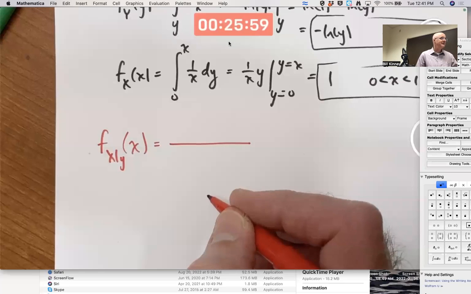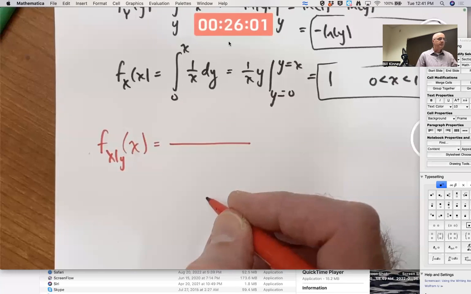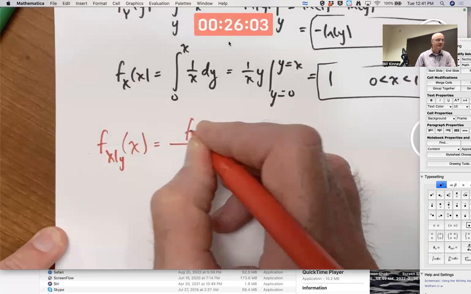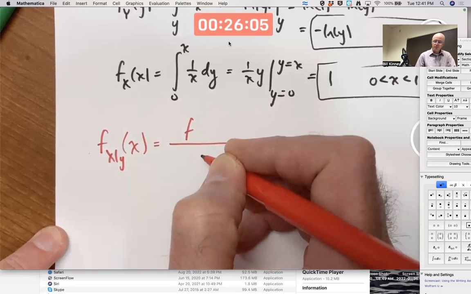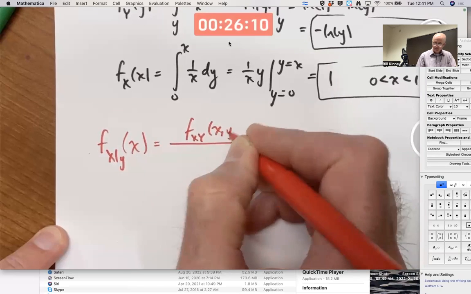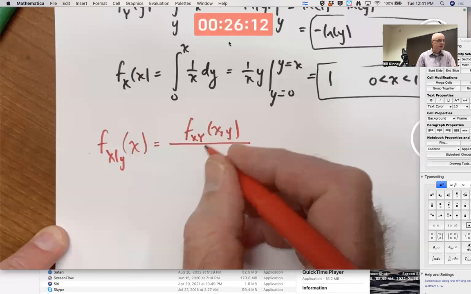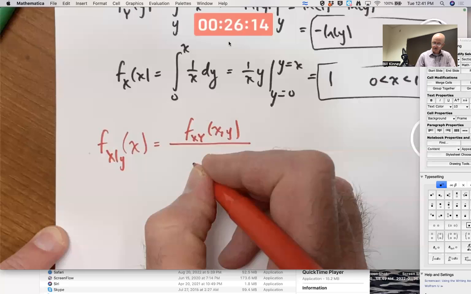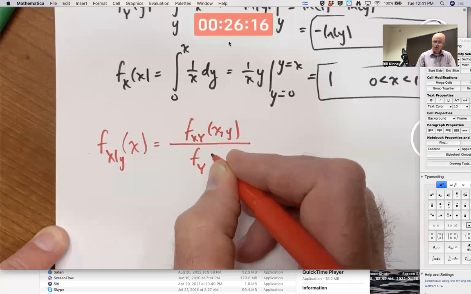But in the continuous case, you're not really computing probabilities here because you have to integrate to get probabilities. But this formula still works. Use the joint density and divide by the marginal density for the given quantity Y.